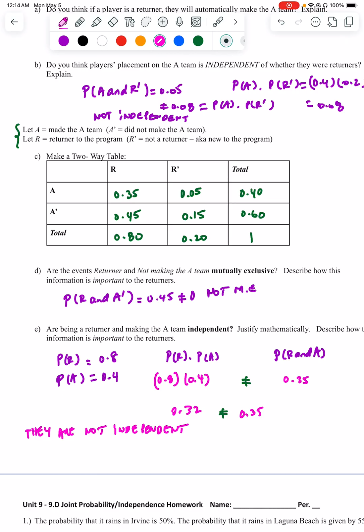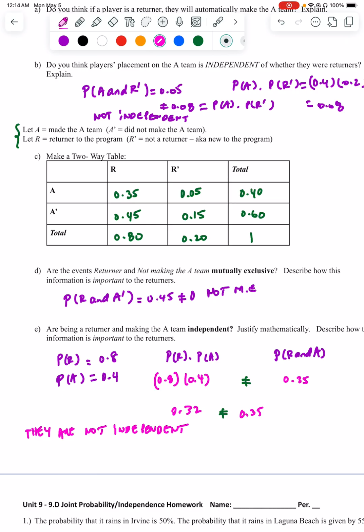Remember, we're talking returners and team A. Part of the placement on the team will depend on whether you return or not. If they return, it's one thing; if they don't return, then it's another thing.